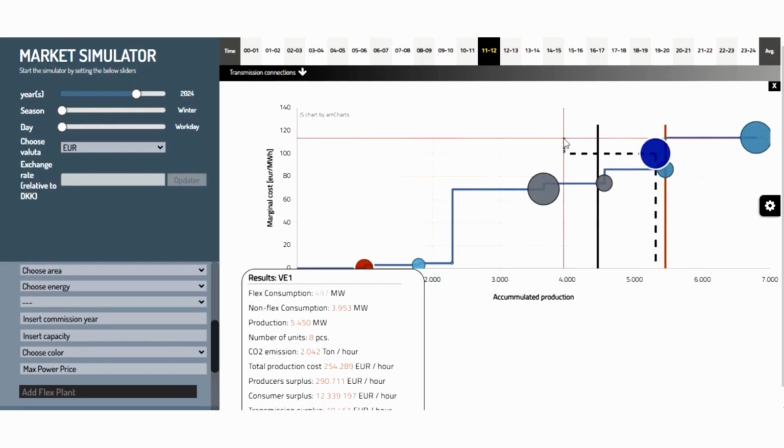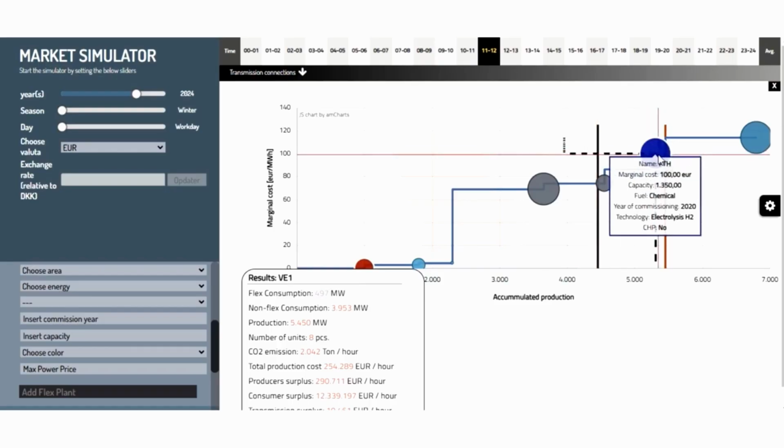The power to X unit here runs from 0 here to about 500 megawatt here, and it is not running full loaded. And the reason why it is not running full loaded is that it's a better idea to export power to HI than running this unit at its full capacity.